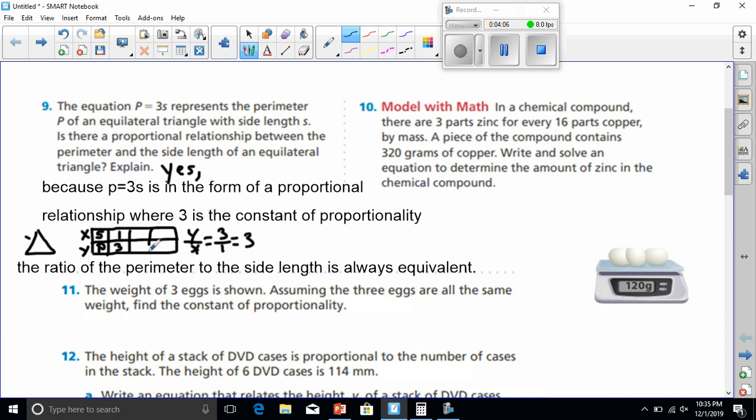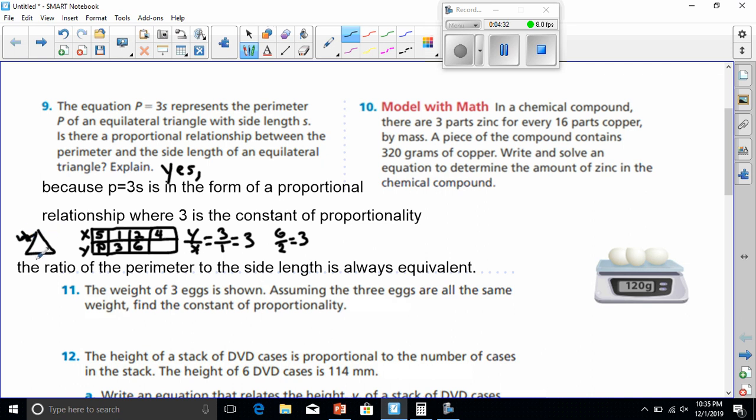Now, if we checked if every side was 2, that'd be 2 for my side, and then 2 plus 2 plus 2 is 6. And now we got 6 over 2. Well, 6 over 2 is also 3. And if we go even a step further, let's just say every side is 4.